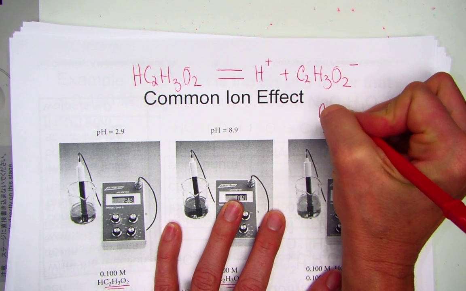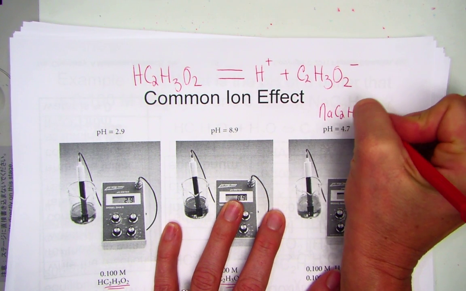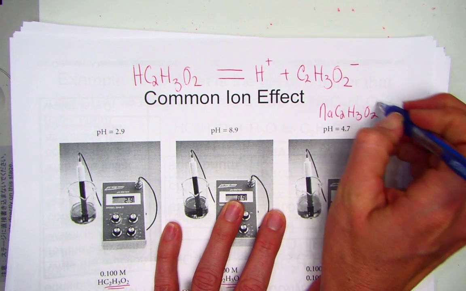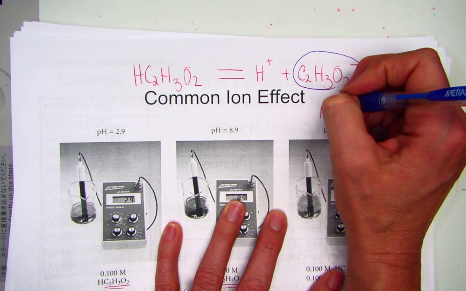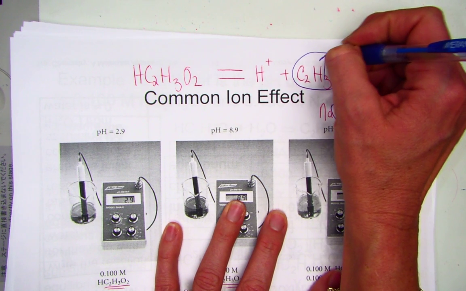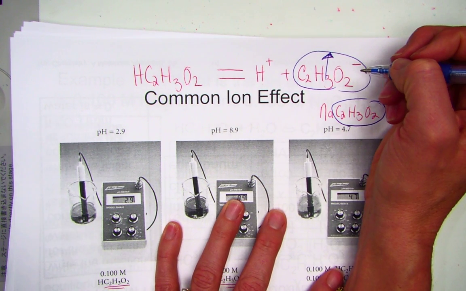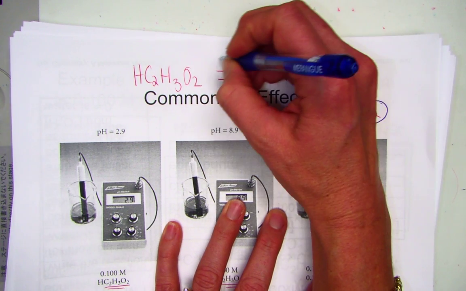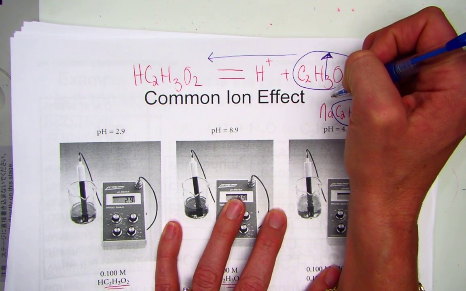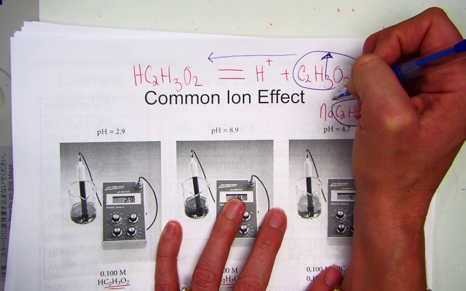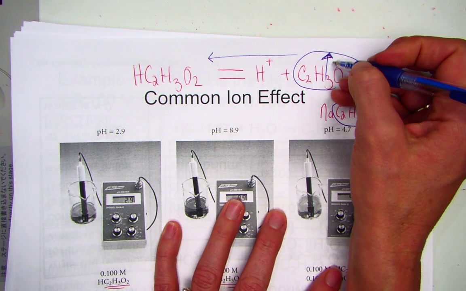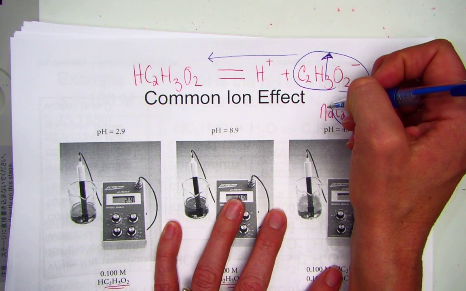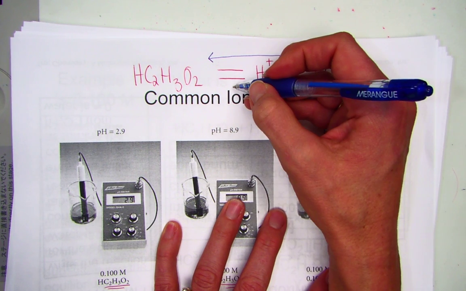If I add in sodium acetate, the common ion is the acetate ion. Adding the salt creates an original stress of increasing that concentration. I point away to lower that. Le Chatelier says if you create a stress, you'll do the opposite to relieve the stress. The opposite of more acetate is less, and to use it up, we point away.